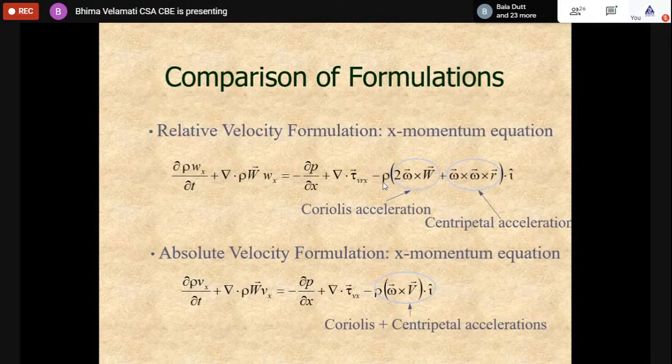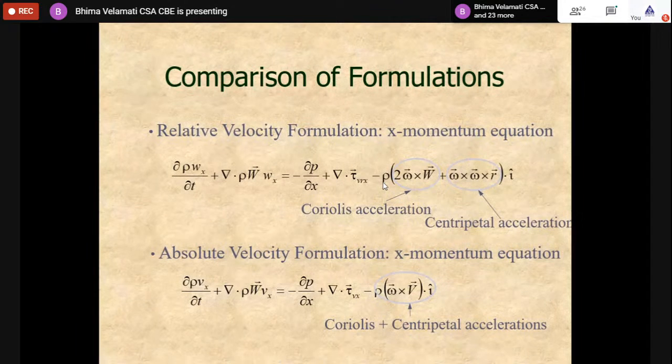One, you have the Coriolis component. Other is the centripetal component. These two components should be added to your equation. Normally in any CFD solver, the source terms are added into the solver automatically. We don't write them as a separate set of UDFs. They will be included.